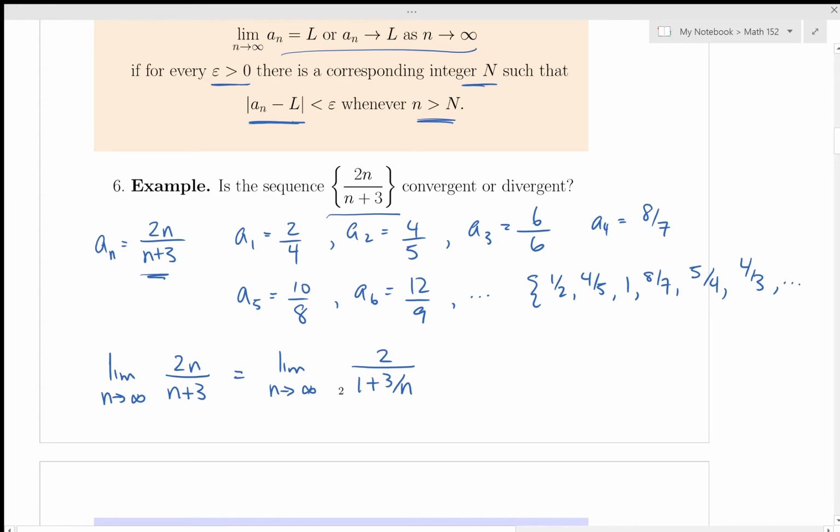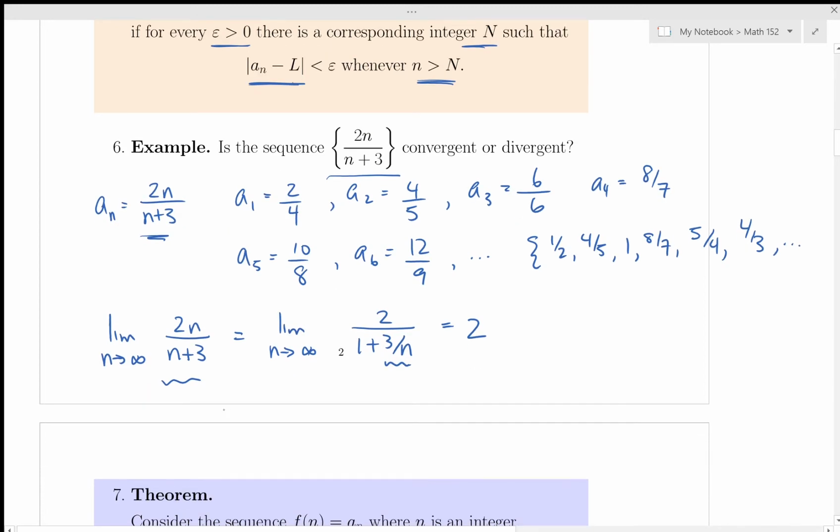And then as you take the limit here, you can see that this thing here will be going to 0 when n gets large, so the limit will be 2. You could also look at the ratio of the leading coefficients. Both numerator and denominator are a polynomial of the same degree, so you can just take the ratio of the leading coefficients. It has a limit. That limit is finite. The sequence is convergent.